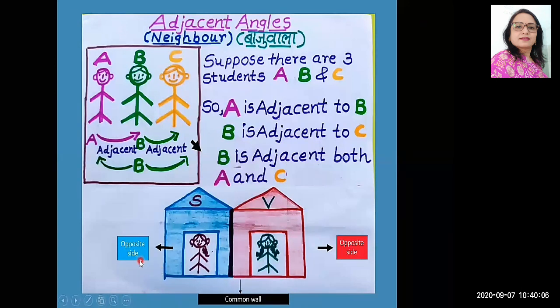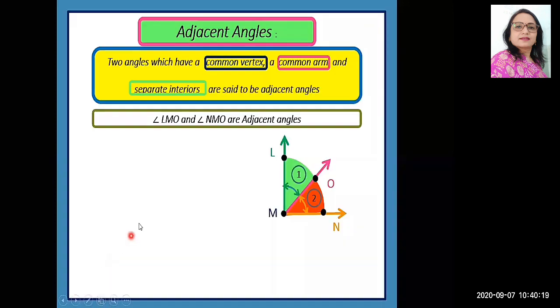And these two walls are on opposite sides of the common wall. The same way adjacent angles are. So the definition of adjacent angles is, you have to remember, children: two angles which have a common vertex, a common arm, and separate interiors are said to be adjacent angles.